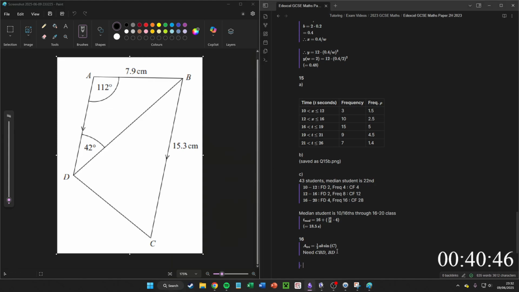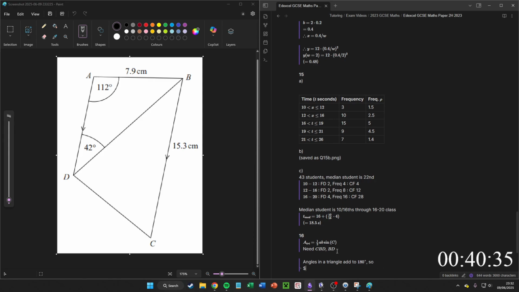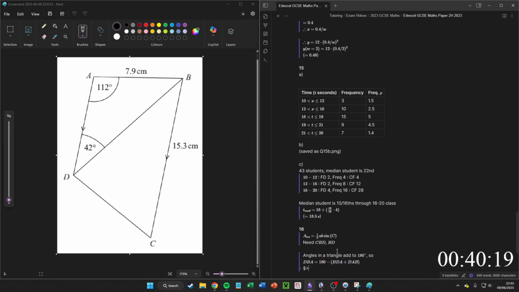So I can say angles in a triangle add to 180. So DBA is equal to 180 subtract BDA plus DAB. And that's going to be equal to 180 subtract 42 plus 112.